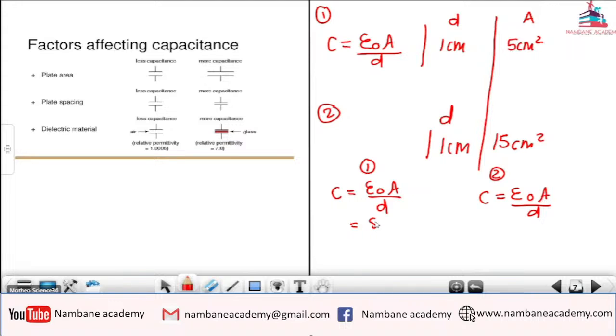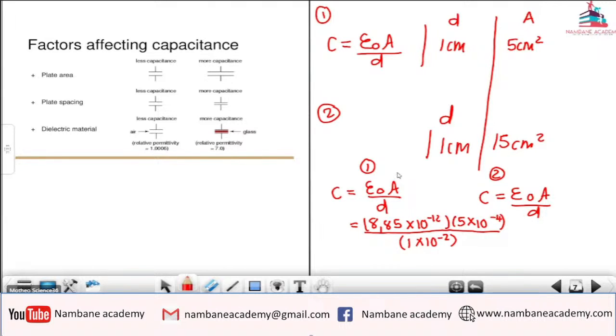I'm saying that the permittivity of free space multiplied by the area, which is going to be 5 centimeter times 10 to the power negative 4, divided by this distance, which is going to be 1 times 10 to the power negative 2.